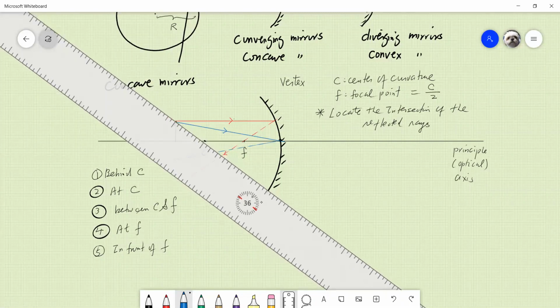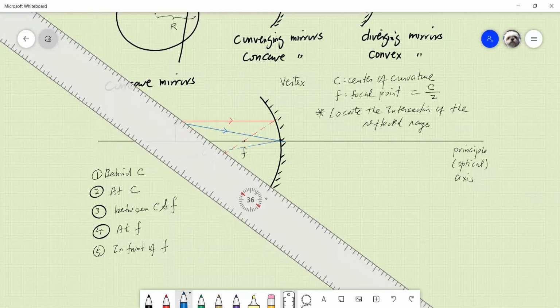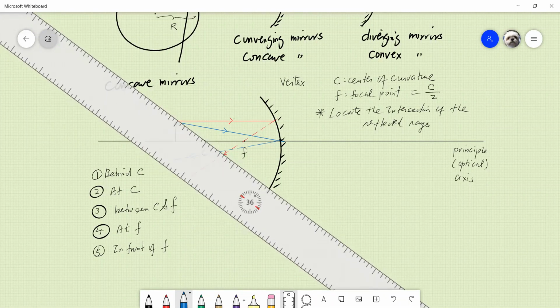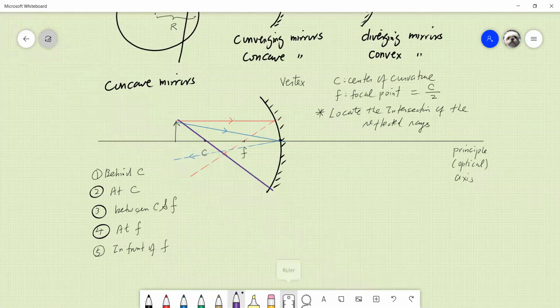Another thing I can tell you is, if you have a light passing through the center of curvature, then it's going to reflect straight back.